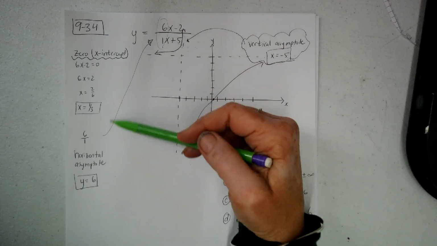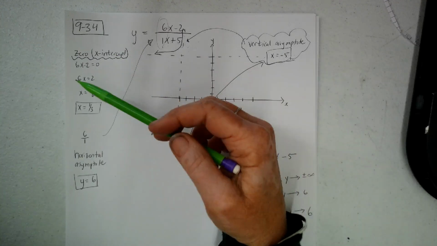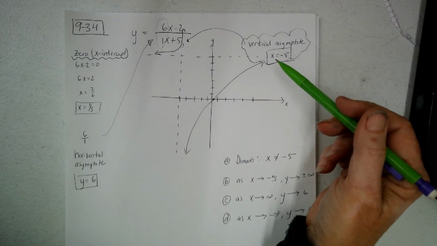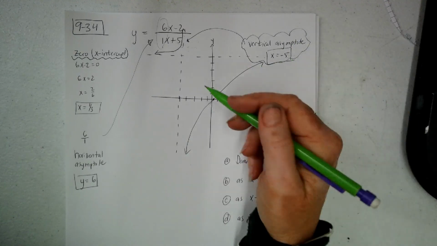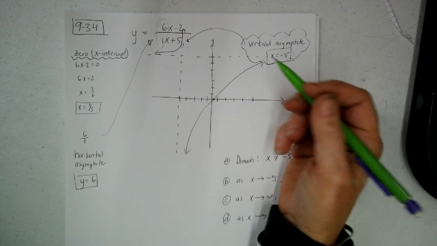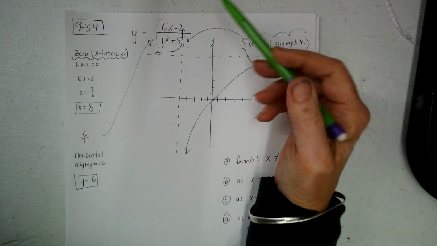So I went 6x minus 2 equals 0 to get my x-intercept, and I found out that it crosses the x-axis at 1/3.